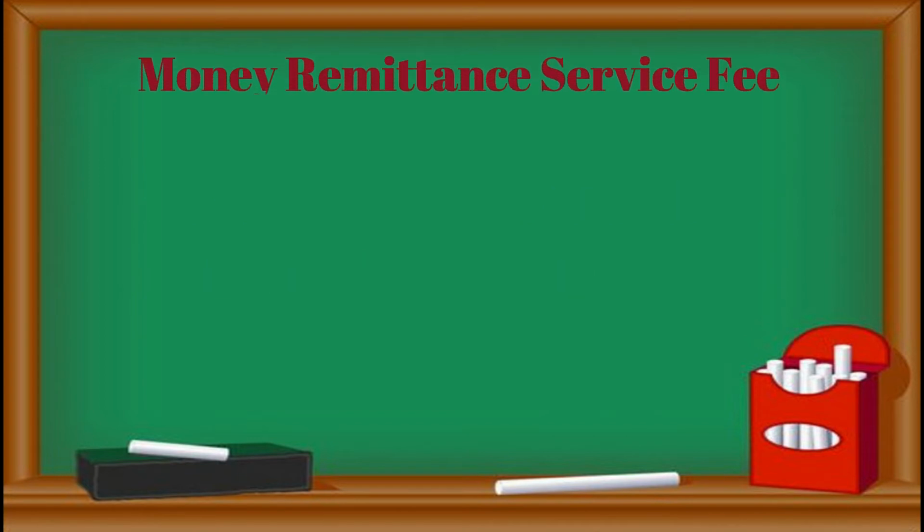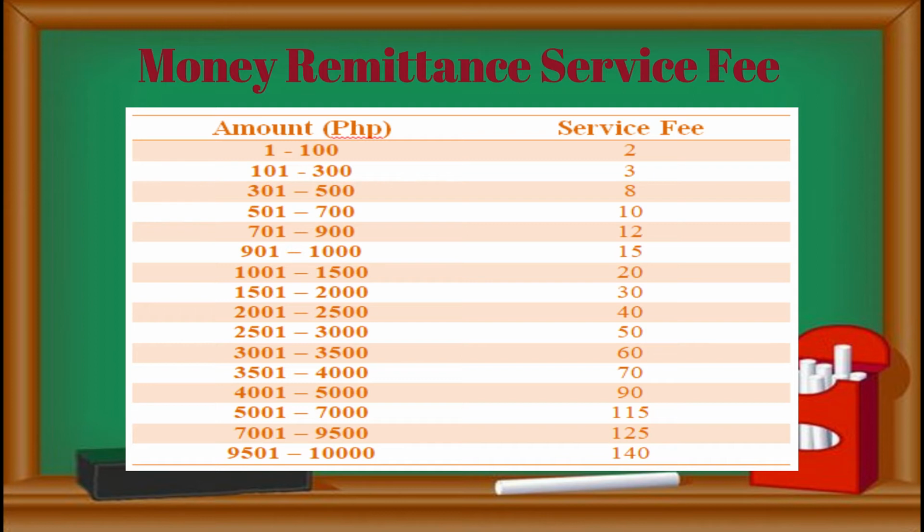However, here's something interesting that is a little different from the functions we're used to seeing. Did you notice that the service fee for any amount ranging from 1 peso to 100 pesos is the same? So with 101 pesos to 300 pesos, and so on and so forth.